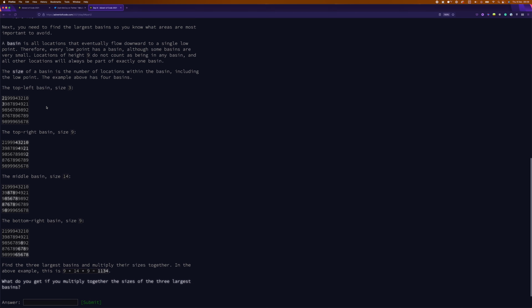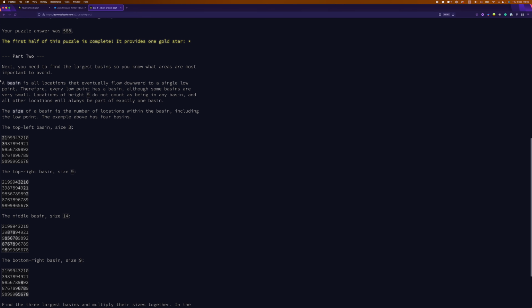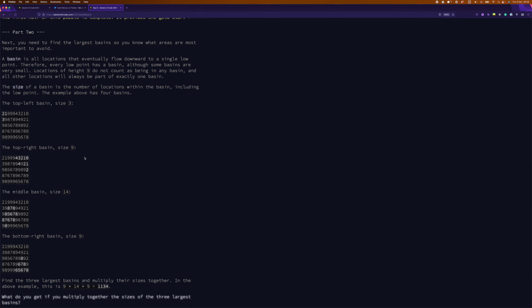Now in part 2, let me just give you more context for the task. So basically these numbers that we had, the values were heights of waterfalls or pools, and in here they were called basins. So every low point that we already found in the first part would be a place that all the water from a particular basin would fall to. And every low point would be part of exactly one basin.